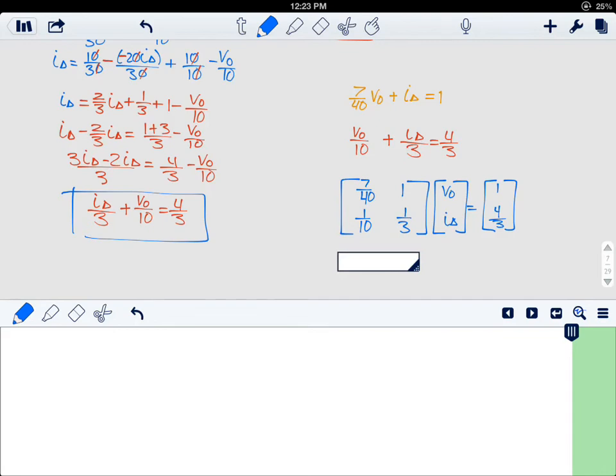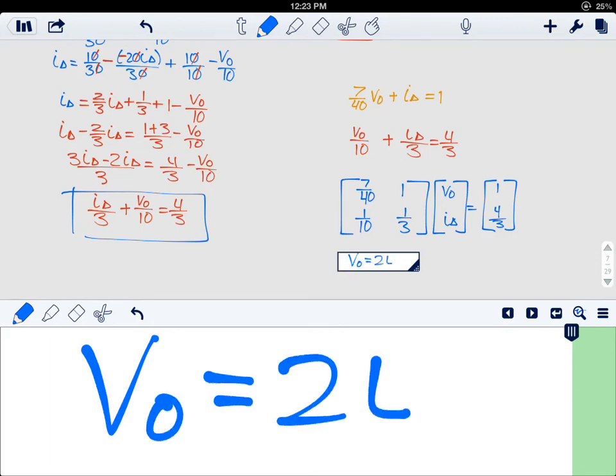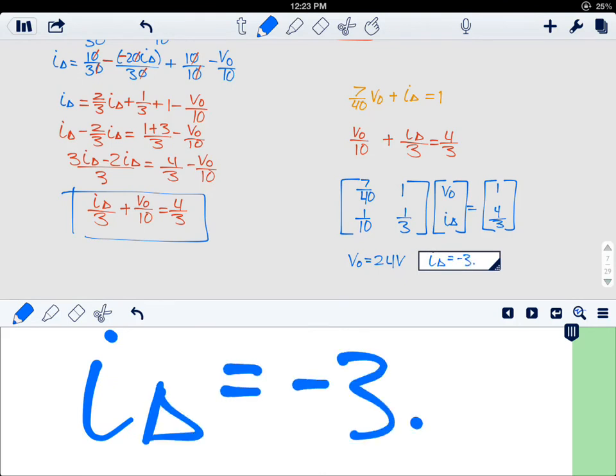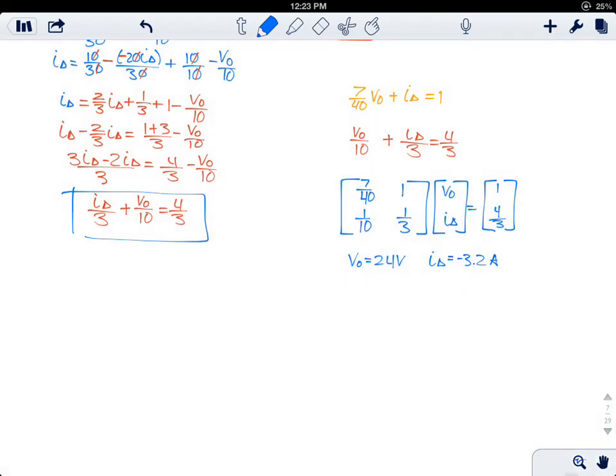And we are left with VO equal to 24 volts, and I delta equal to negative 3.2 amps. And that is your result.